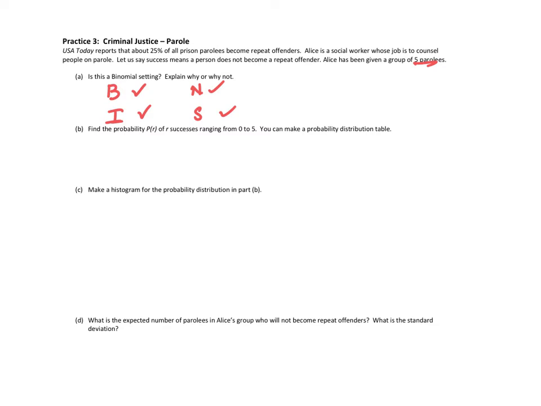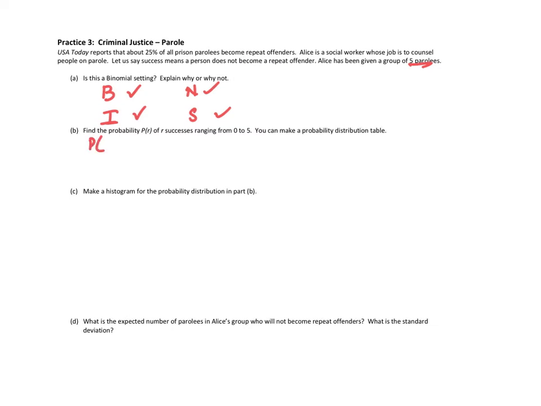Okay, so the probability of 0 would be binompdf(5, 0.75, 0). And I hope you understand that this is a very low probability.